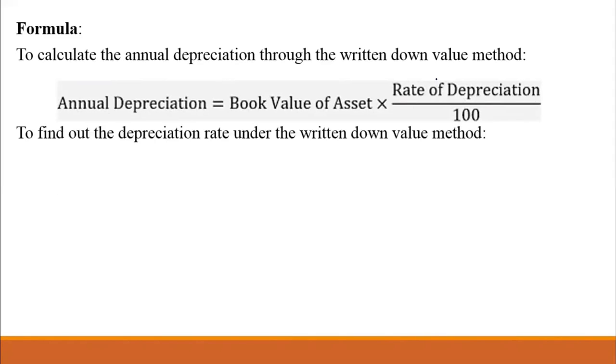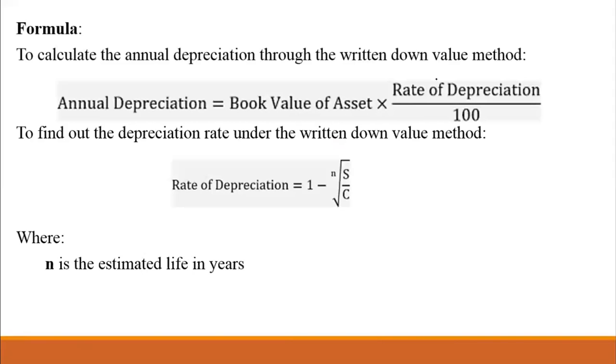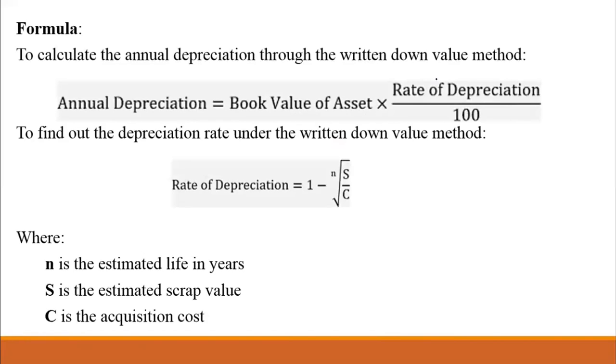And to find the depreciation rate under the written down value method, the rate of depreciation equals 1 minus the Nth root of S over C, wherein N is the estimated life in years, S is the estimated scrap value, and C is the acquisition cost. So you know what those variables in the formula are, and those are their meanings.